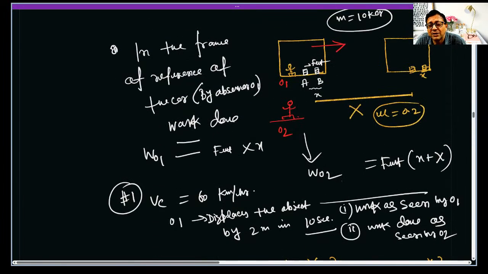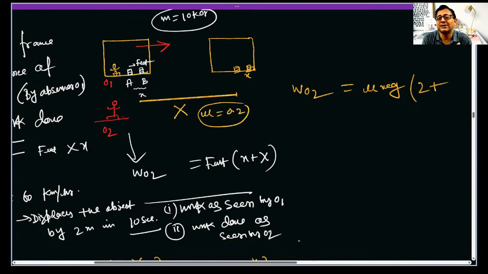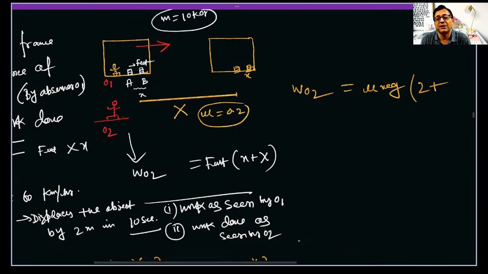But the observer who is standing here, with respect to him, how much work is done? So work done with respect to observer O2 will be that same mu mg against the friction, x, the displacement you have done, 2 meter, plus displacement of the car.